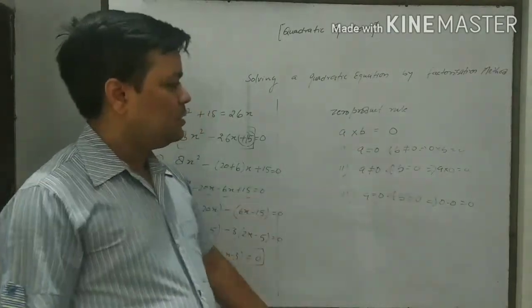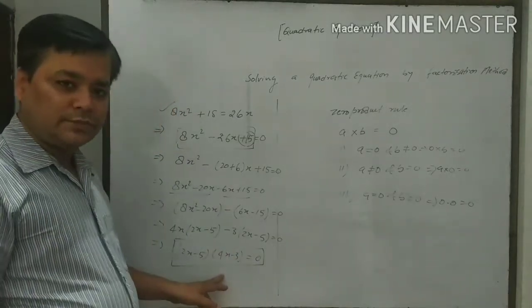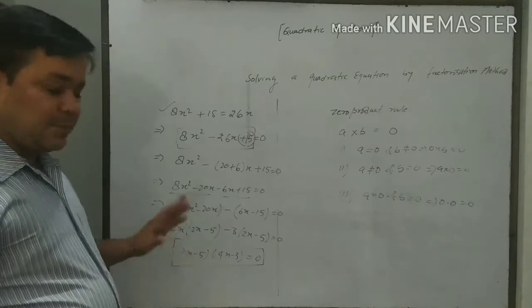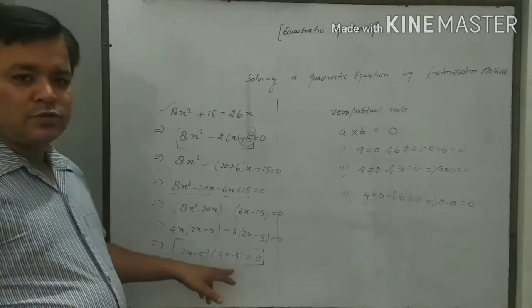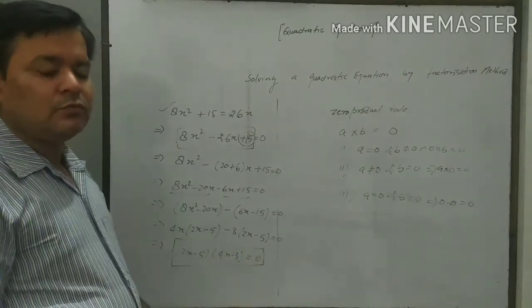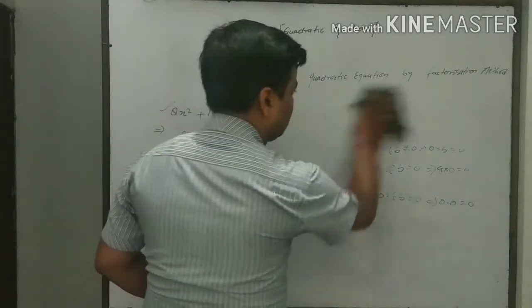This is called the zero product rule. Here we just write separately the linear equations 2x minus 5 equal to 0 and 4x minus 3 equal to 0, by the zero product rule. Now what do we do?